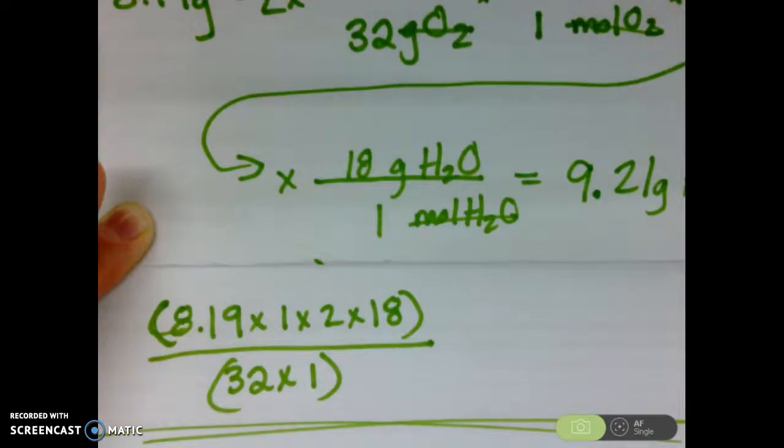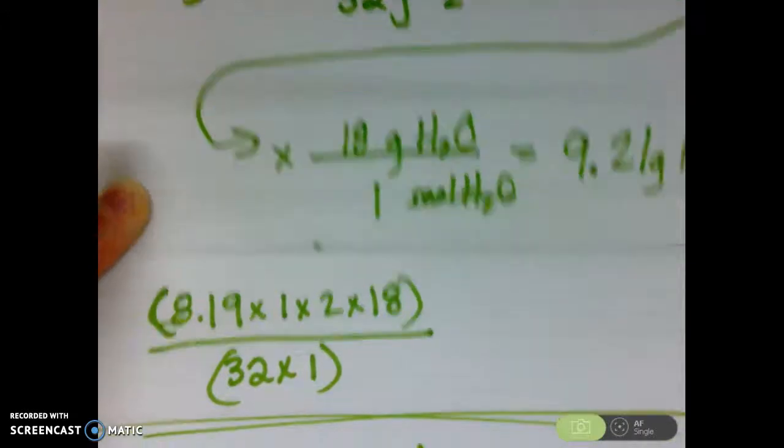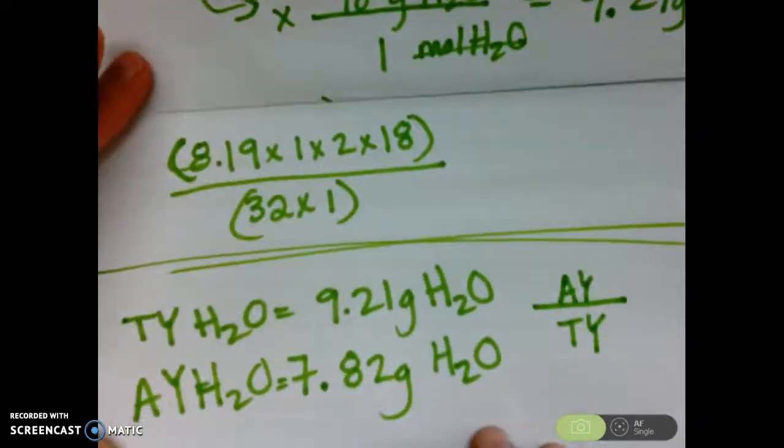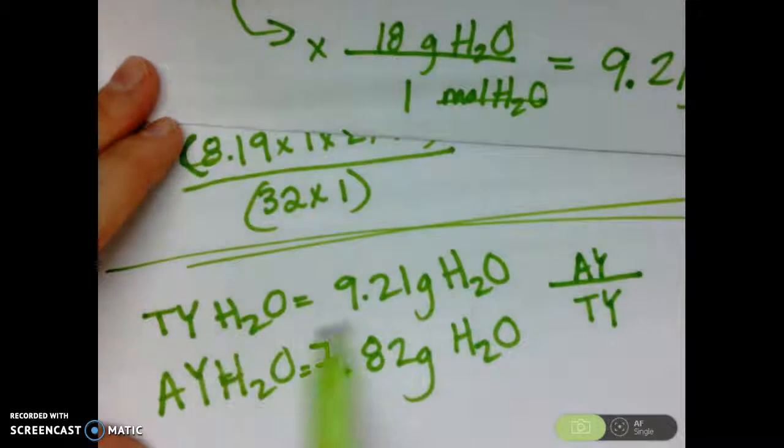So what we want to do is put our actual yield over our theoretical yield, okay, and I'm going to bring these up so you can see them. I'm sorry. I do this in class too. Okay, so we have our theoretical yield of water, and then we have our actual yield of water.